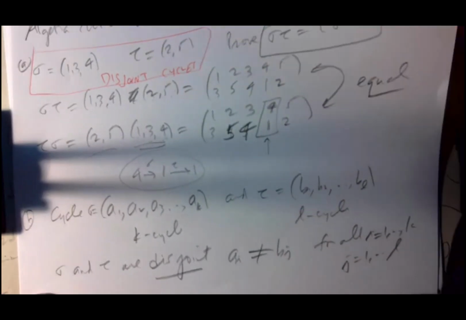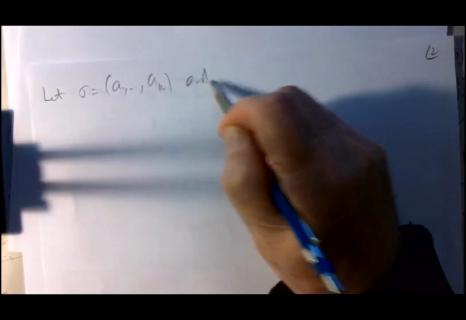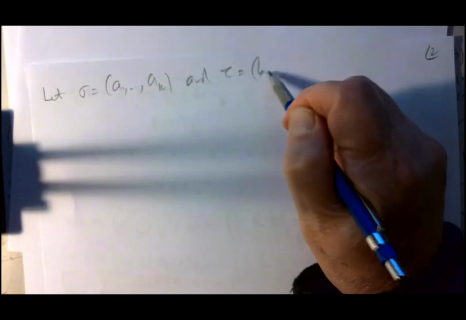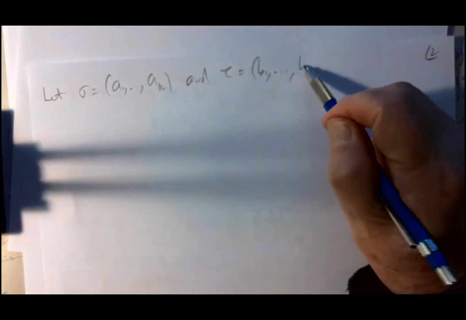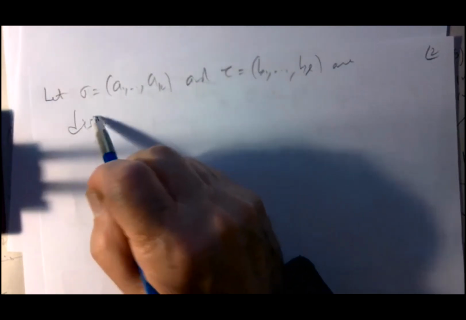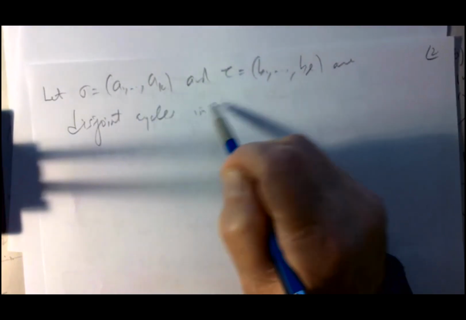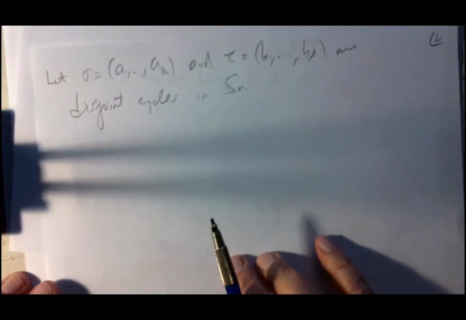And how do we prove that disjoint cycles commute? So you just write things down carefully. So suppose that sigma (A1 up to Ak) and tau (B1 up to B sub L) are disjoint cycles in the symmetric group Sn.